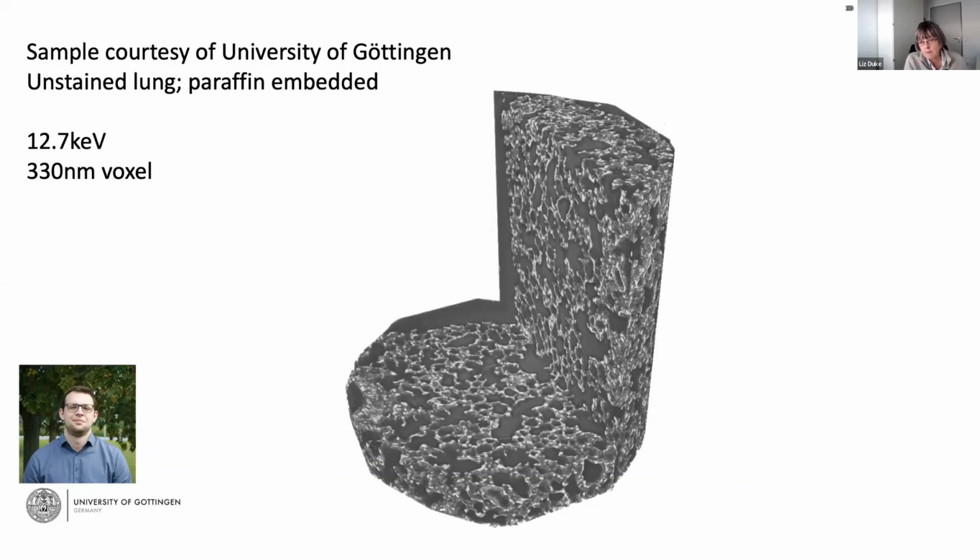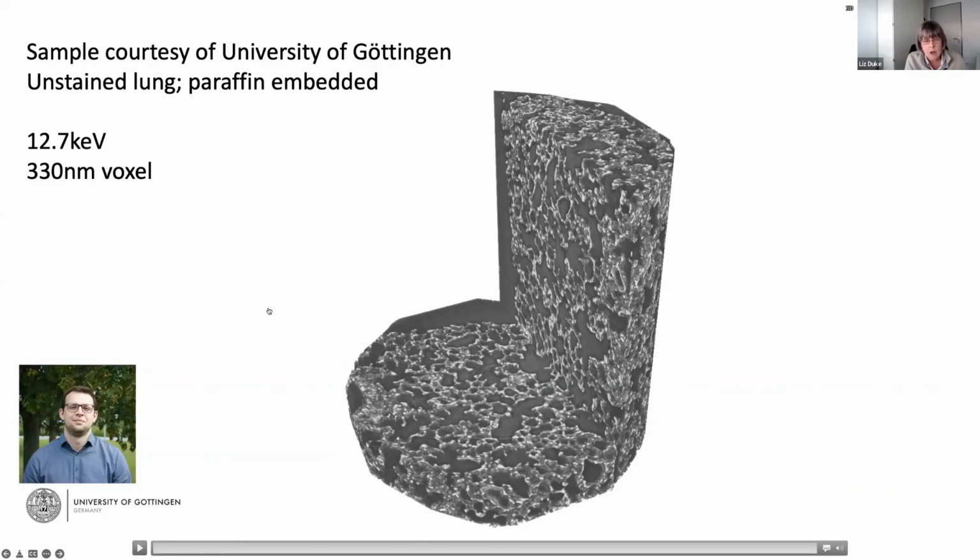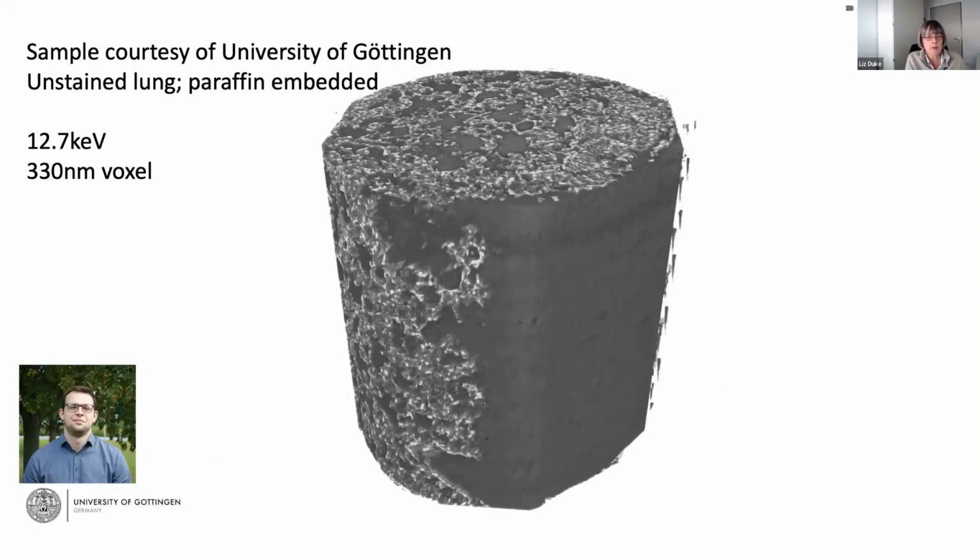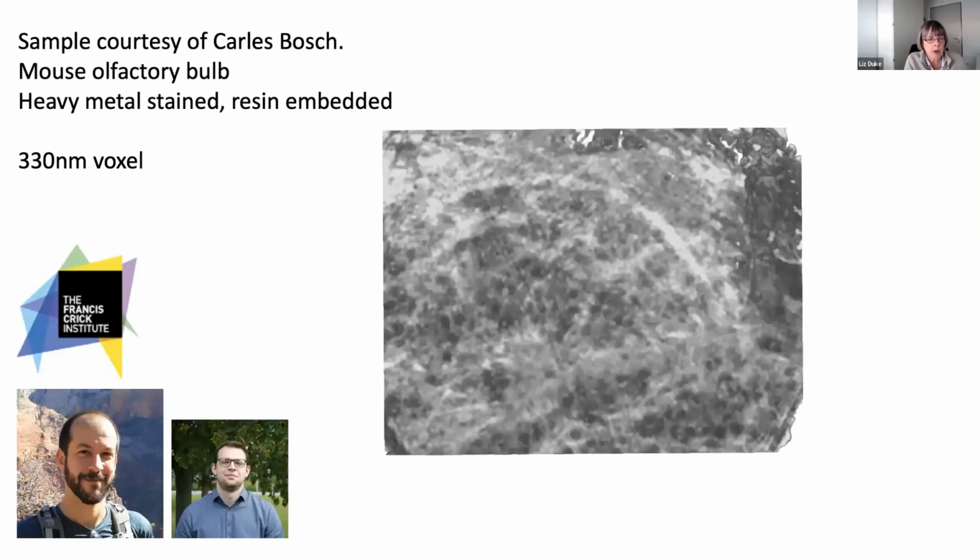So you have very nice, naturally occurring changes in phase as the X-rays pass from tissue to air pockets, back to tissue, except of course it's not air pockets, it's the paraffin, but you do have that change in phase, which helps.